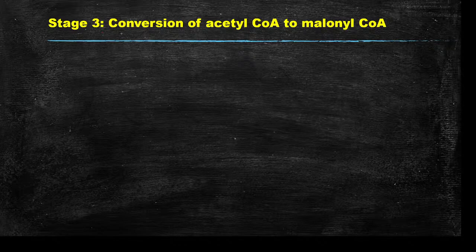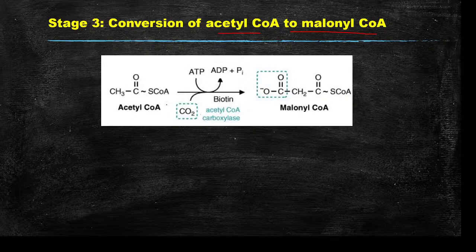In stage 3, acetyl-CoA is converted to malonyl-CoA. Acetyl-CoA is carboxylated, so one carbon dioxide is added to the methyl group. When you add carbon dioxide, it gets converted to malonyl-CoA.